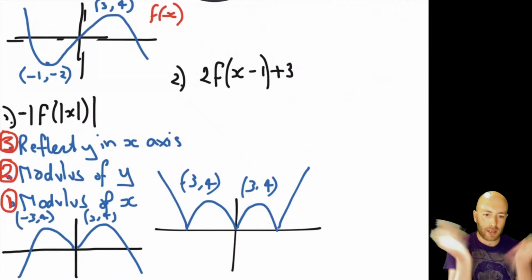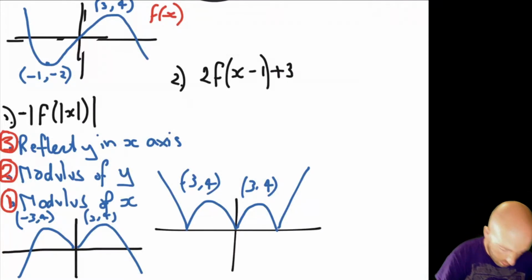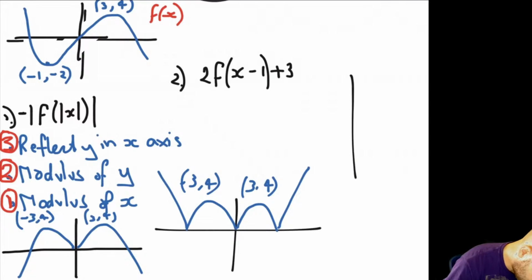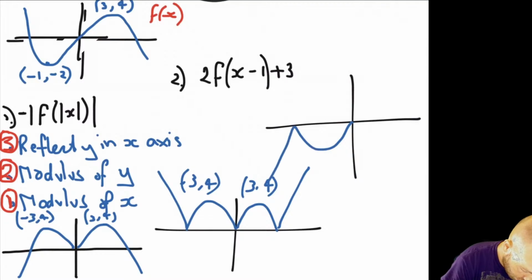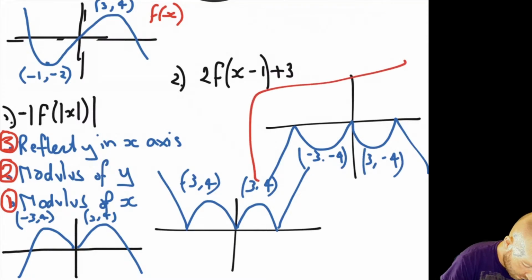So the whole thing is going to flip underneath. So our sketch for this one should look like that, which is a bit weird. So it's -3, -4, and 3, -4. So that is what you should have for this one.